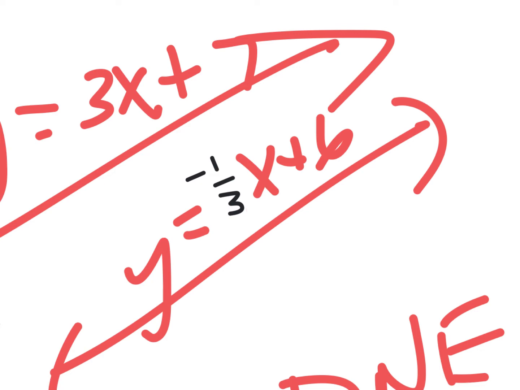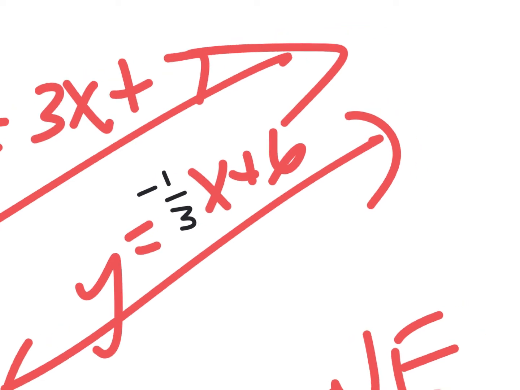Okay. What if the two lines are intersecting at right angles, and that spot is on the y-axis? I'd like you to write me a system of equations that will do that. I'm going to say it again.